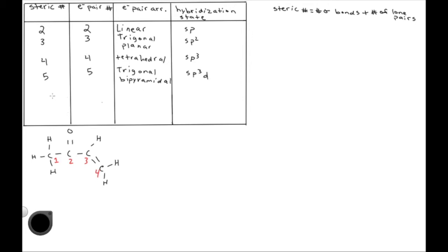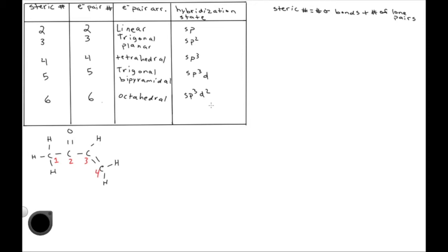And finally, if our steric number is 6, our electron pair number is also going to be 6. And our electron pair arrangement is going to be octahedral. And that will give us a sp3d2 hybridization state.